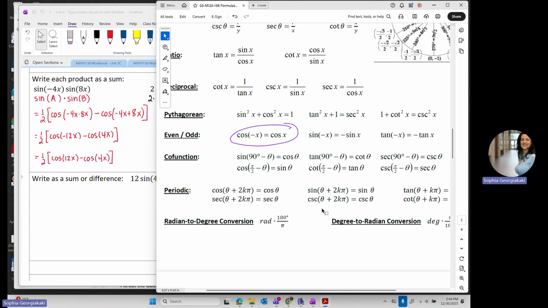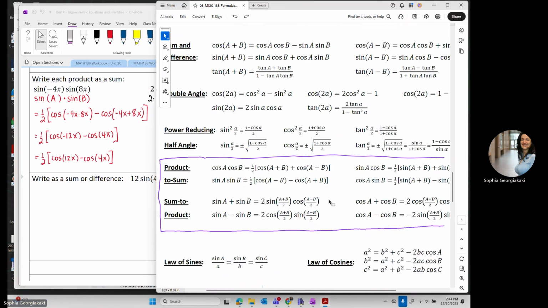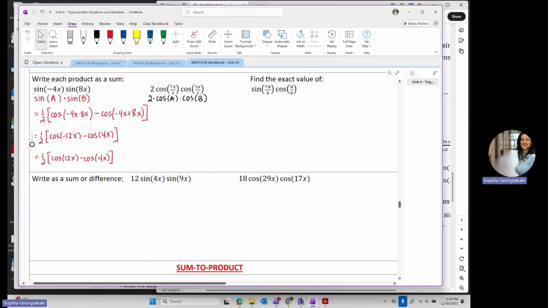Now cosine times cosine is 1/2 the cosines of the sum and the difference of the angles. So that will be, let's shrink this to make some room here.